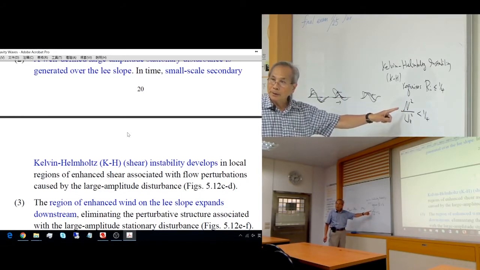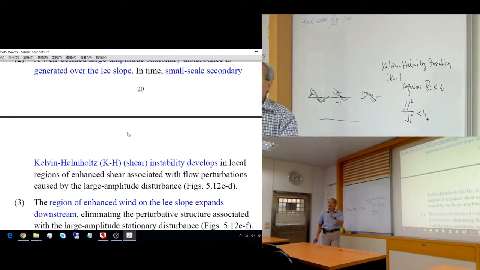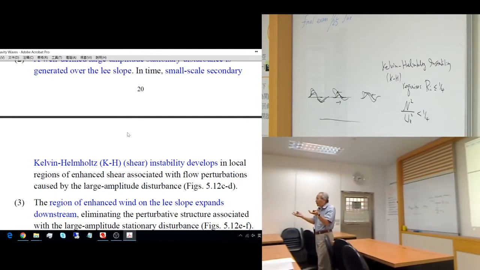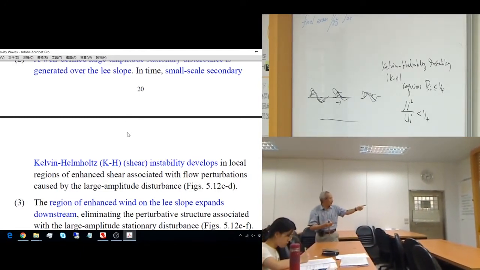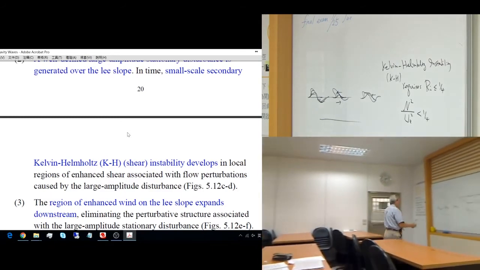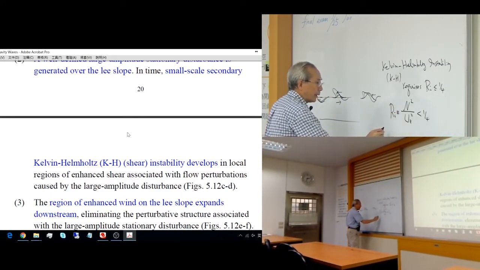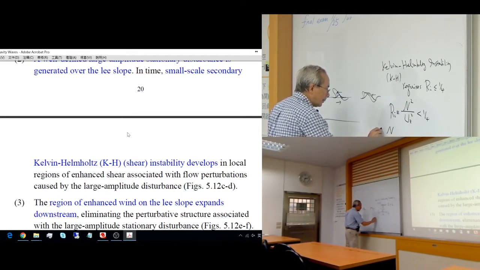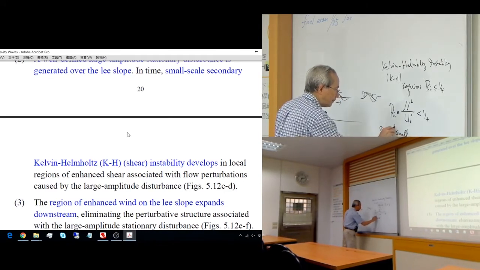Very small. If you want this to be small, there are two ways to make it small. Can somebody tell me what the two ways could be to make that Richardson number small? You can have either N very small, right?